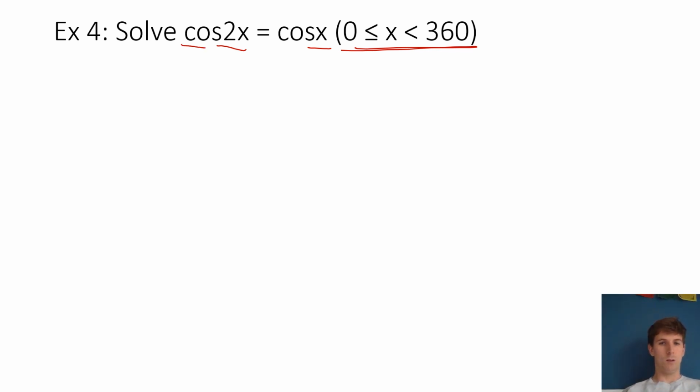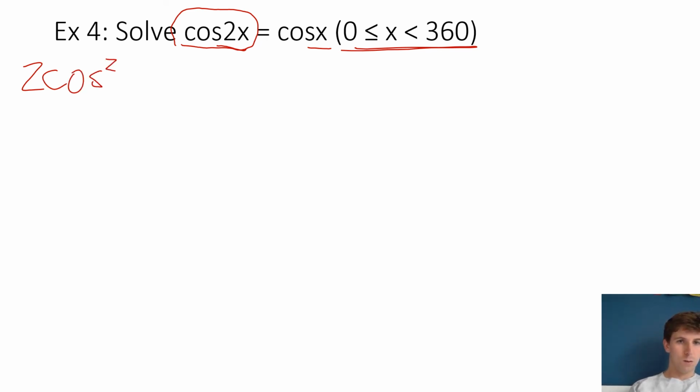I'm going to use an identity to convert this cosine 2x into just a function of x. Remember there are multiple options for cosine 2x, but once again I'm going to choose the one that keeps it all in terms of cosine, because I can see that's what I'm going to have on the other side. So 2 cosine squared x minus 1.